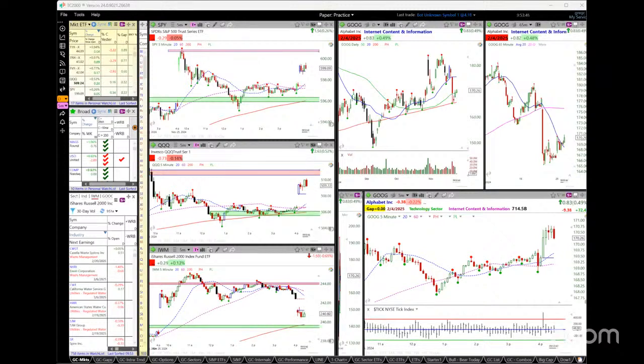Nice 1, 2, 3, 4, but in a downtrend, but maybe an hourly breakout.